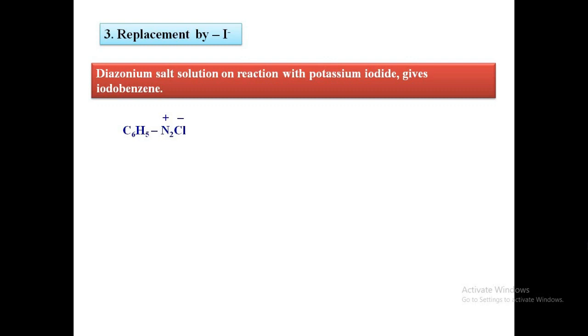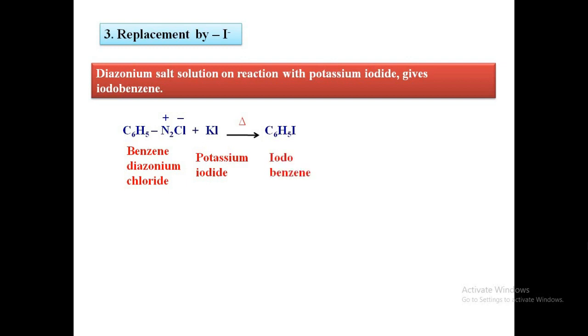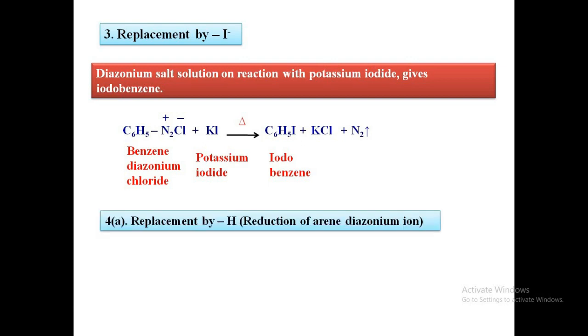When benzene diazonium chloride is reacted with potassium iodide on heating, it forms iodobenzene with the liberation of nitrogen vapors and potassium chloride.